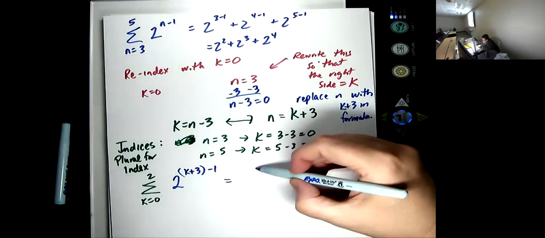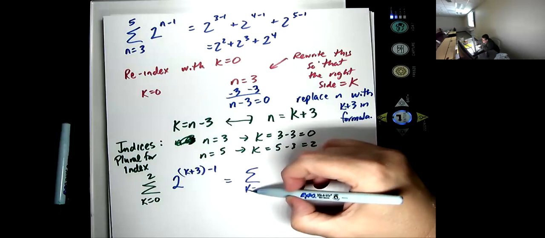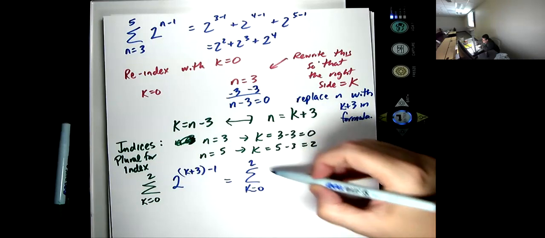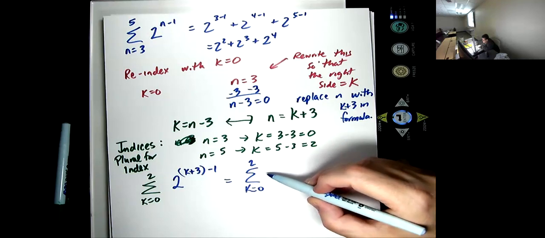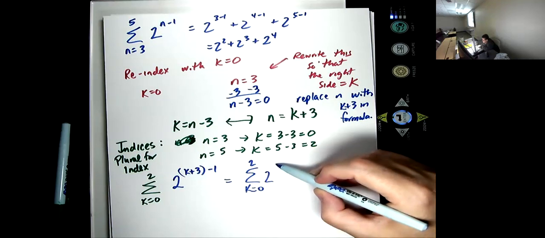So that would clean up to k equals 0 to 2. K plus 3 minus 1, we don't need the parentheses. So k plus 3 minus 1 is 2, so k plus 2.